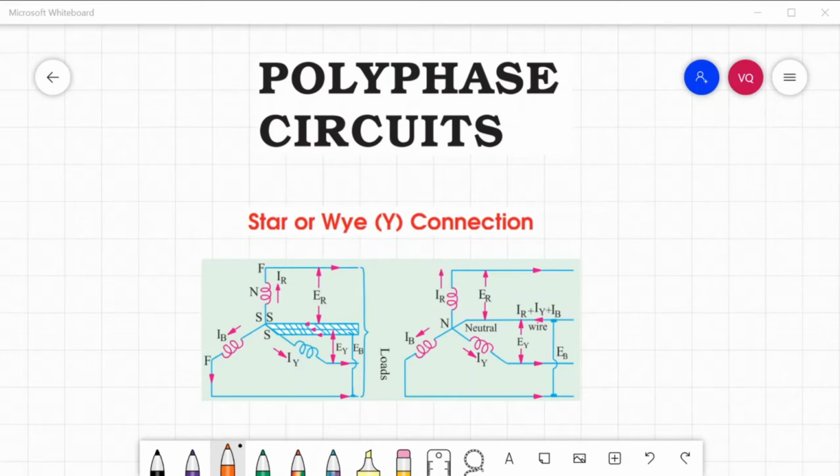The point N is known as the star point or the neutral point. The three conductors meeting at point N are replaced by a single conductor known as neutral conductor as shown in the second figure. So this figure is also known as a four-wire three-phase system.